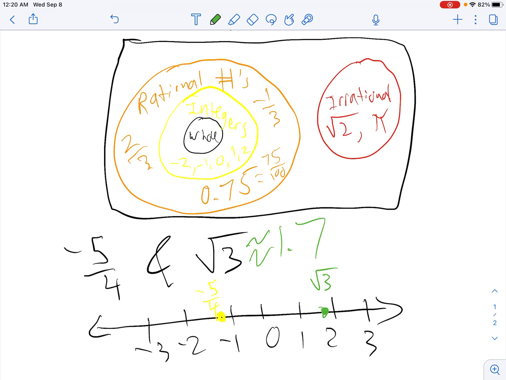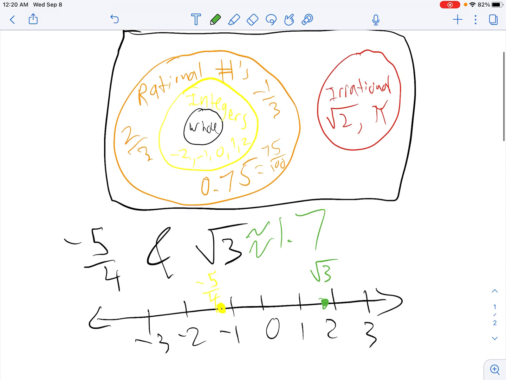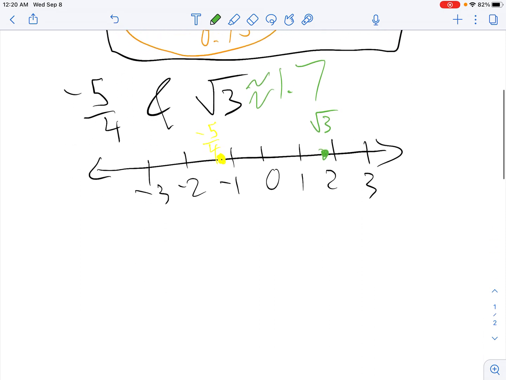And so sometimes what you have to do is order them from least to greatest or greatest to least, which again can be difficult when they're in different forms. So let's look at an example. -0.2, 7/10, -1, square root of 2, and -4.